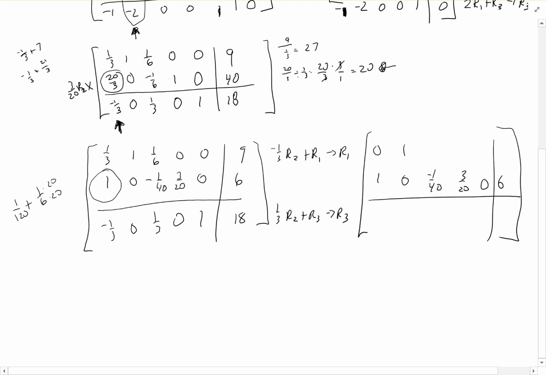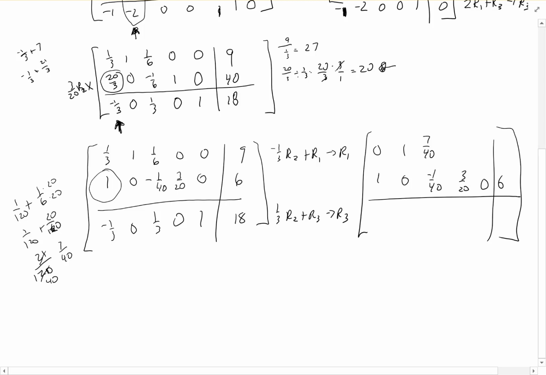I can multiply all of those by 20. It gives me 20 over 120 plus 1 over 120, and that should reduce down to, I can divide them both by 3, 7/40. So this would be a 7 over 40 in here.